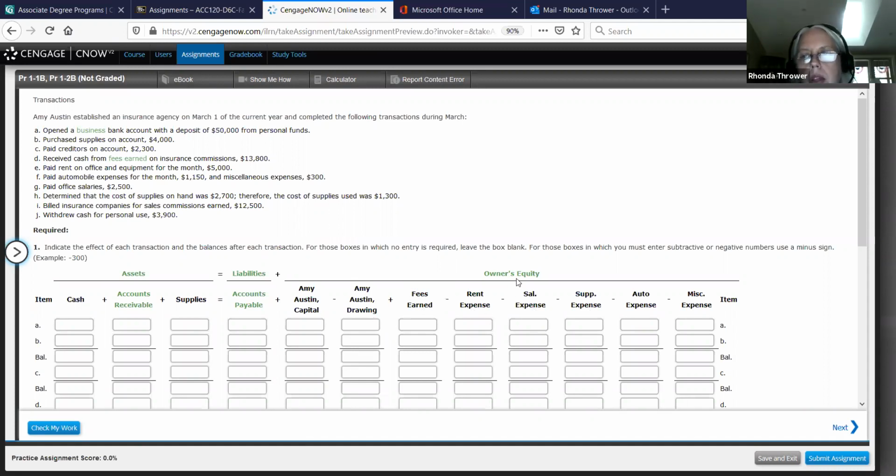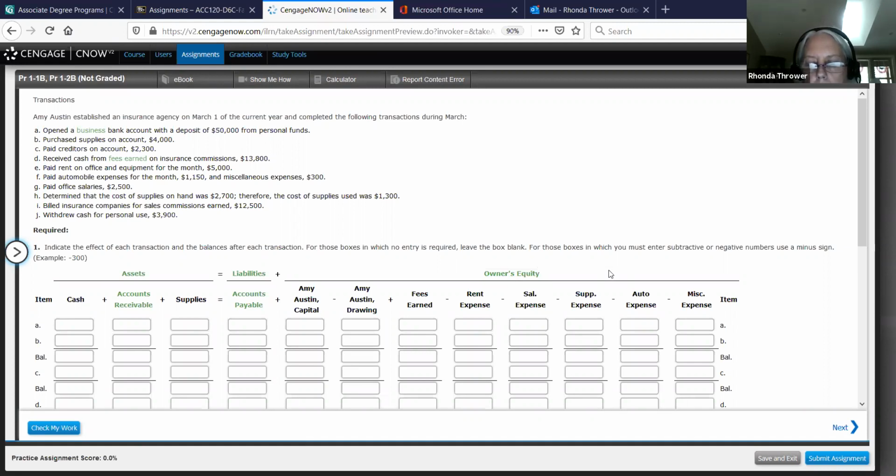You might remember that we said that owner's equity is made up of transactions where an owner can put their personal money into the business. We'll call that an investment. Investments add to owner's equity. Revenue is the amount of money that we're earning in the business. It's money that we earn because we have performed some type of service for the customer.